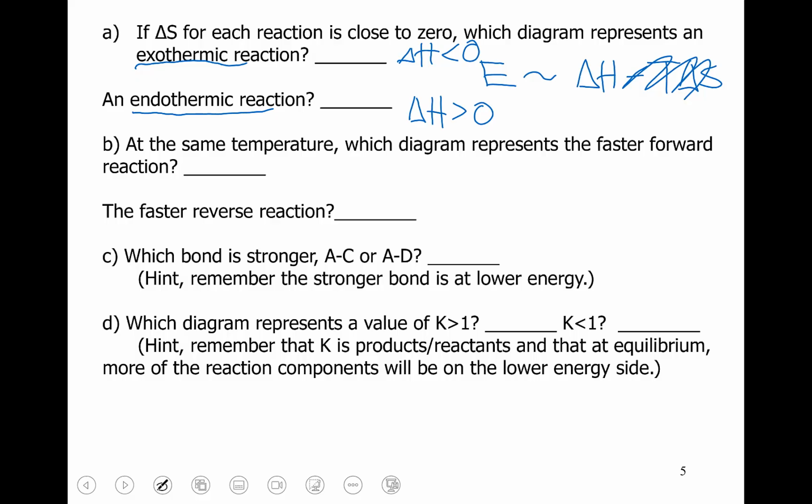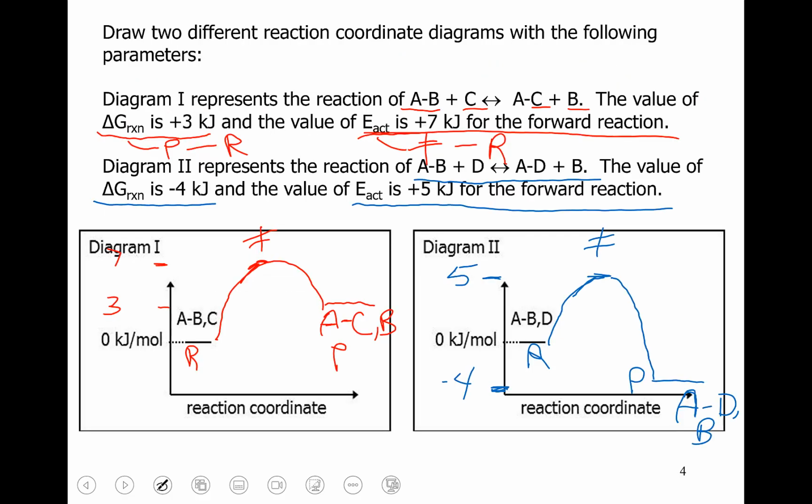So let's go back and look at our diagrams. Notice that diagram 1 goes upward toward the product. So when I take product minus reactant, I am going to get a plus value. Here we go downhill from reactant to product.